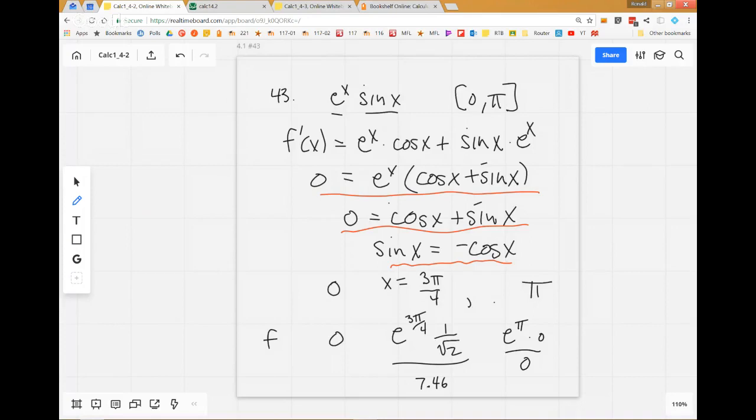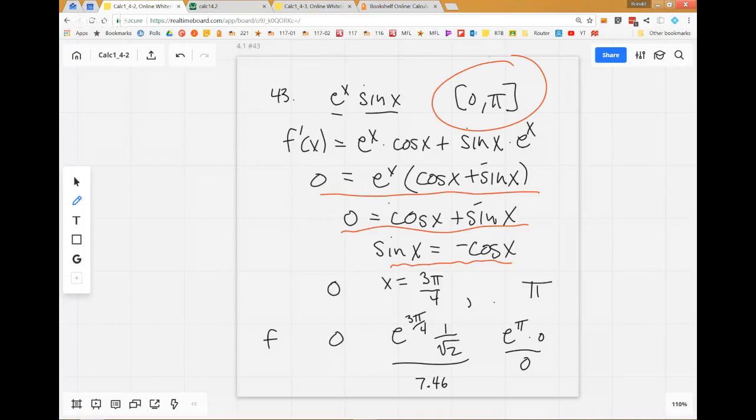So now we've got to think in quadrants. In the first quadrant both are positive, so that's not it. In the second quadrant the sine is positive and the cosine is negative, so that's possible. And if you look up here, that's it. We don't have to look any further because we can only go up to 180 degrees. All right, so it's the second quadrant.